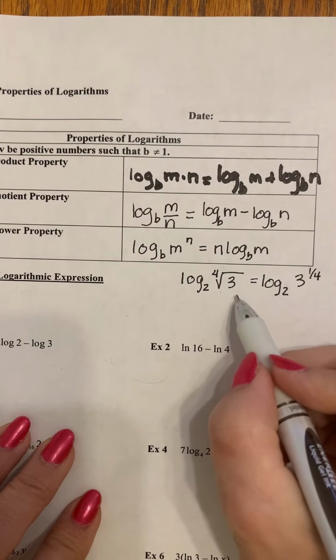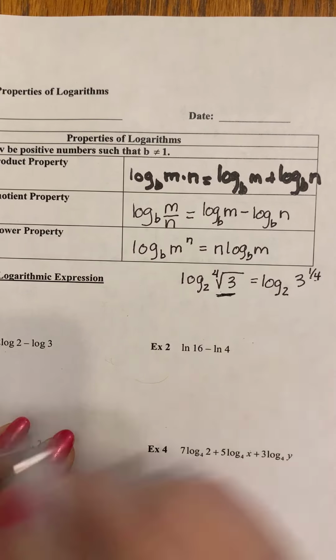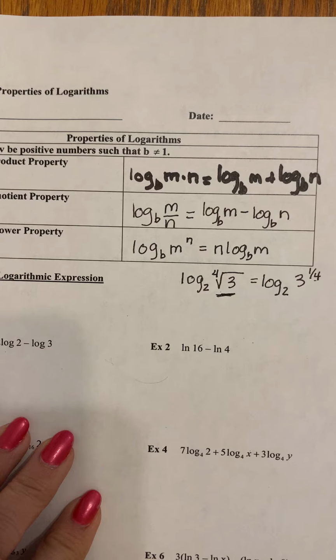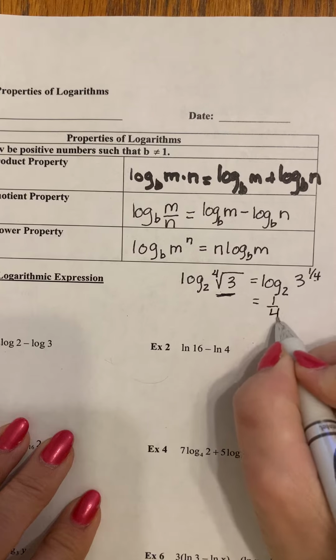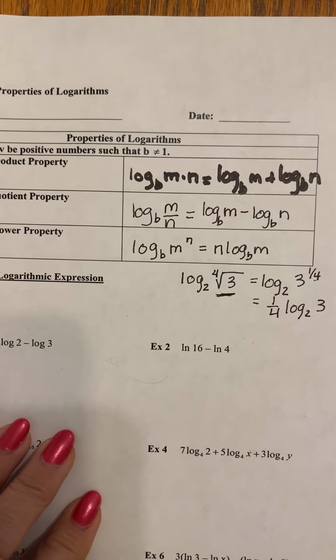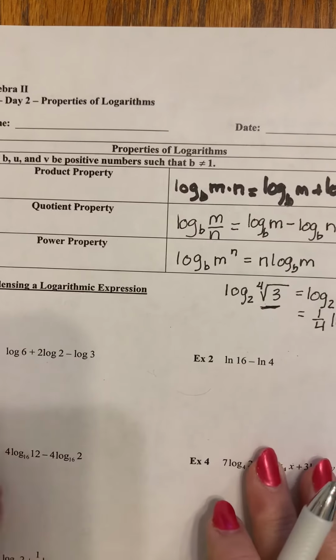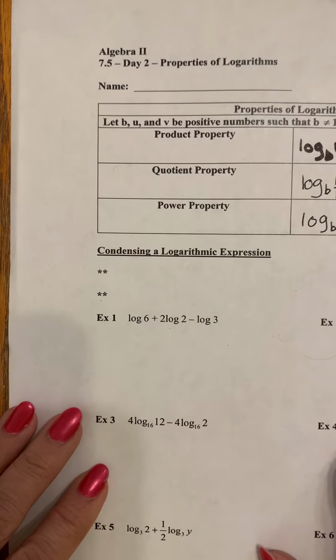Change this so that it is a fraction. Now the 1/4 comes down in front, log base 2 of 3. If you're having problems with that in the homework that you had before, you might want to go back and work on that.